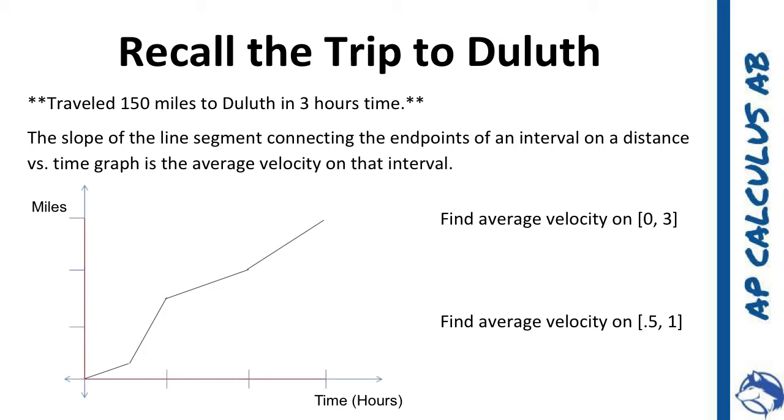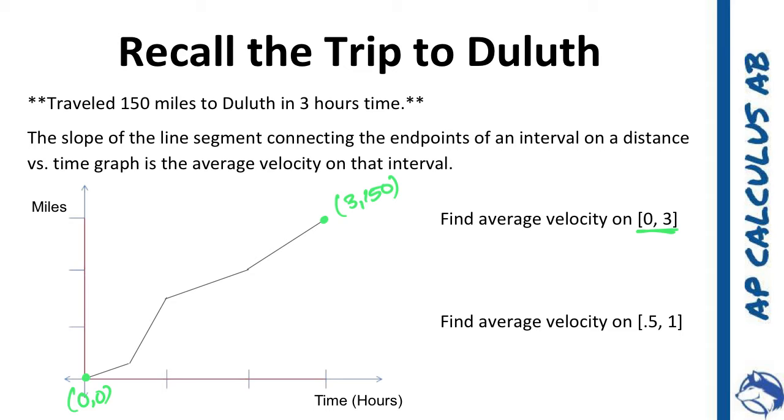So the average velocity on this interval from 0 to 3 is, if I started at 0 at time 0, I was at 0 miles, and at time 3 hours, I'm at 150 miles. I like to just create my points here.